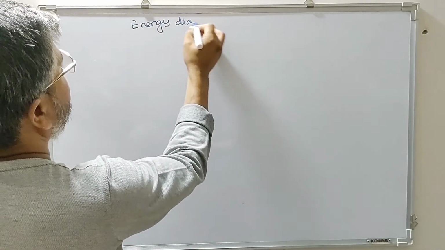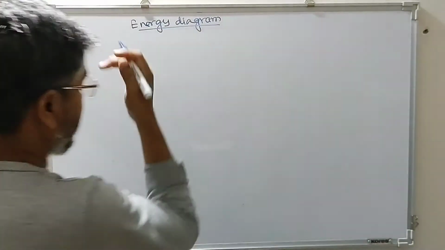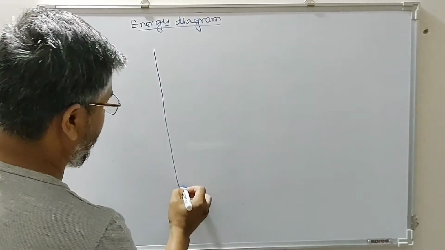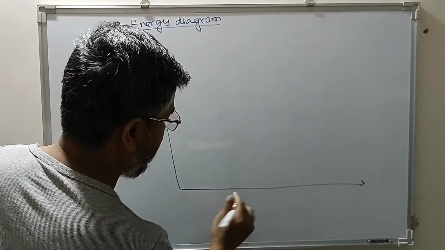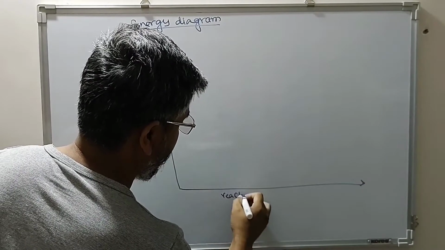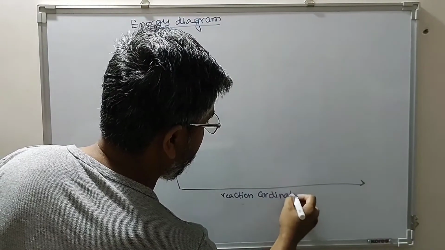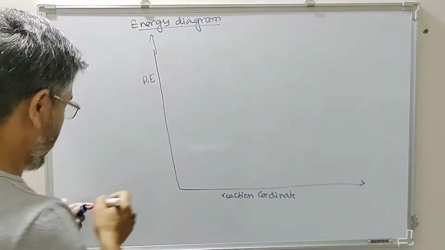Energy diagram for this SN2 reaction. This is the reaction coordinate. This is potential energy.